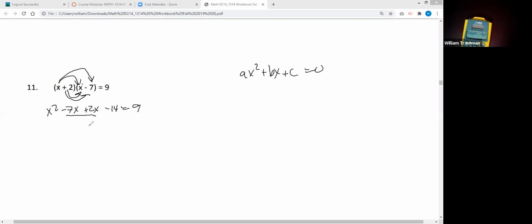These two combine. -7 plus 2 is -5. And now I just need to take the 9 over because it has to equal 0.